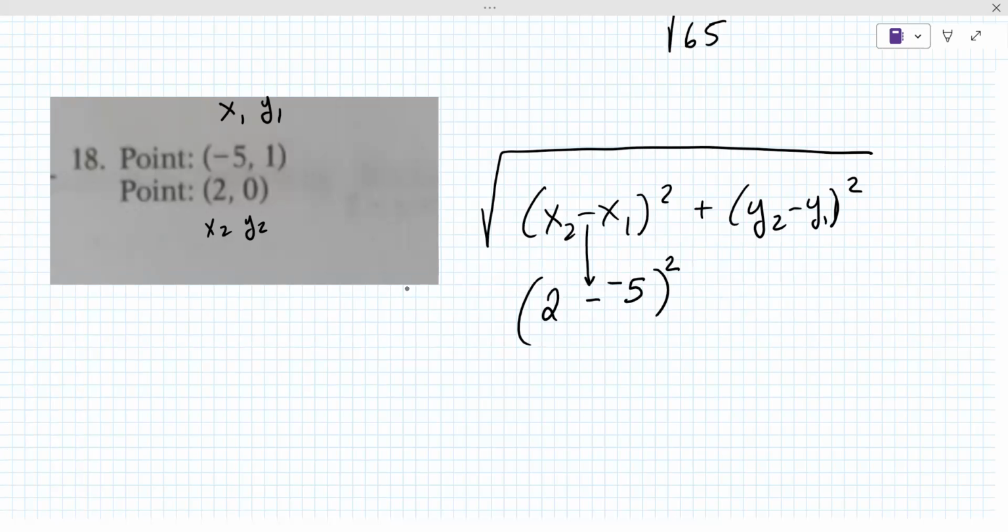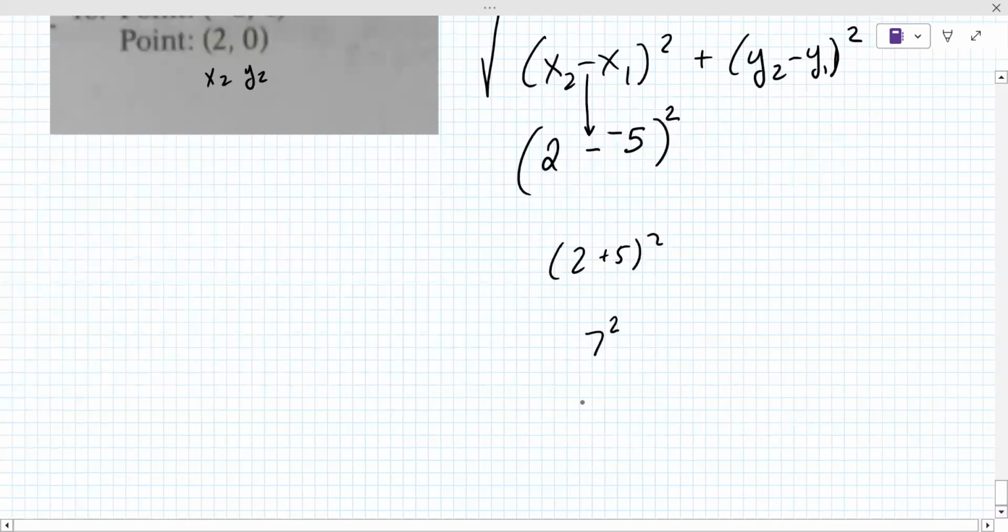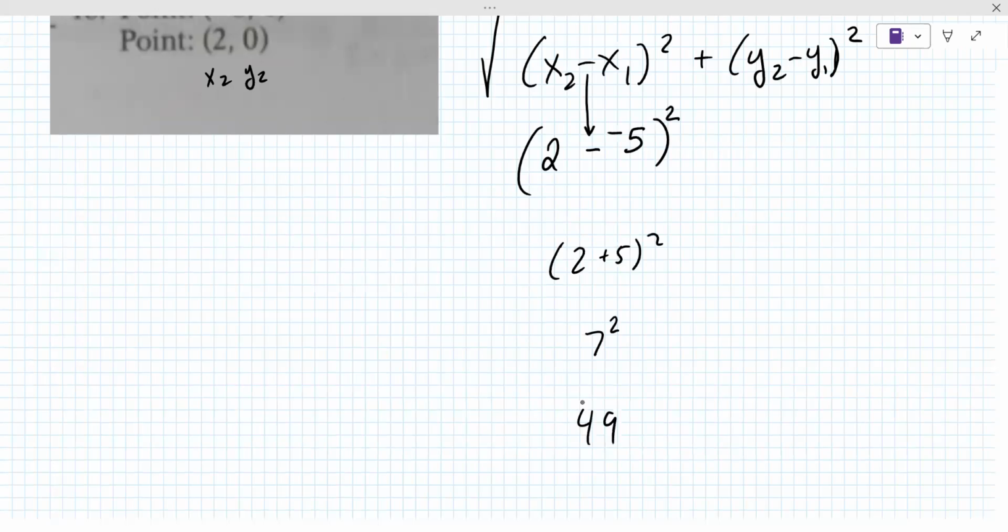A positive. Yeah. So you could go right away and just say it's 2 plus 5. We can do it now, I guess, to make it easier. Okay, so that's 7 squared, and 7 squared is 49.